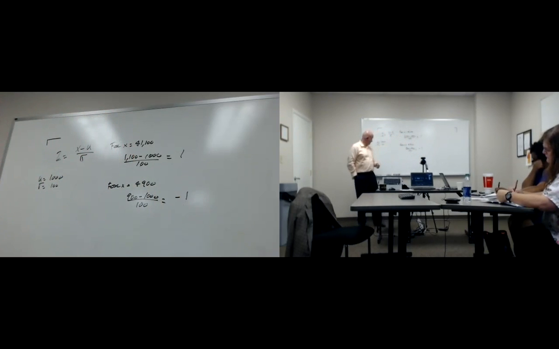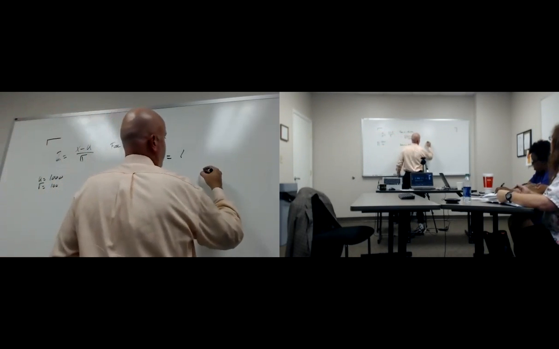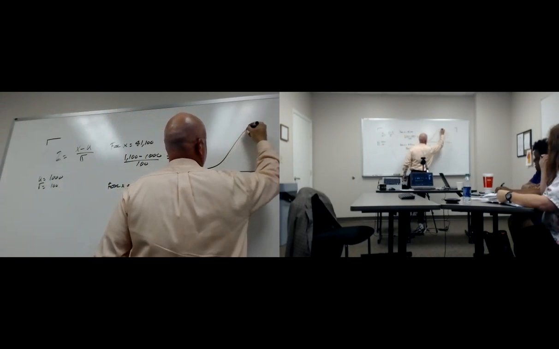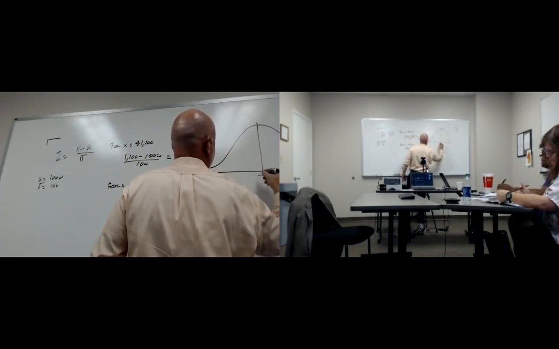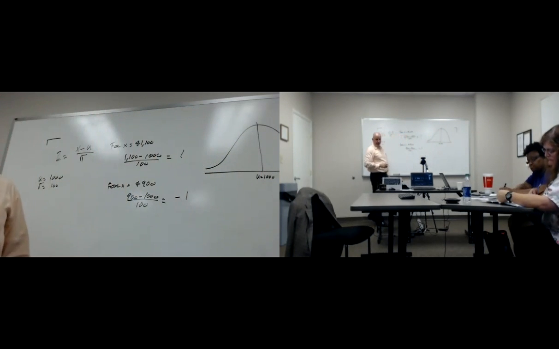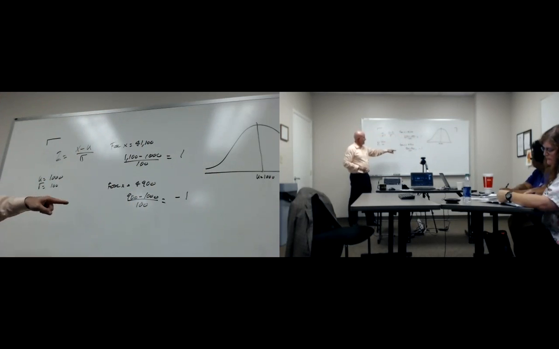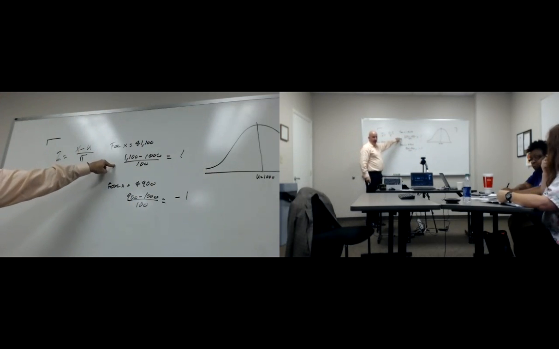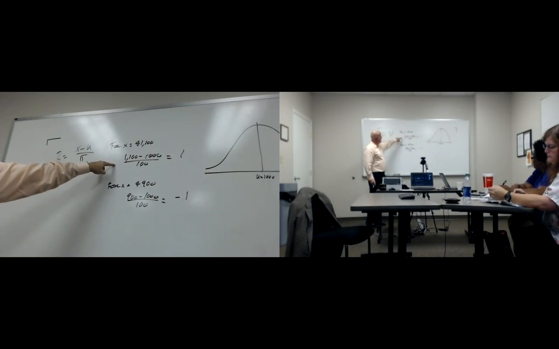Okay, then what did we just do? Looking at this normal distribution, what's the likelihood of a foreman's income being between 1,000 and 1,100?